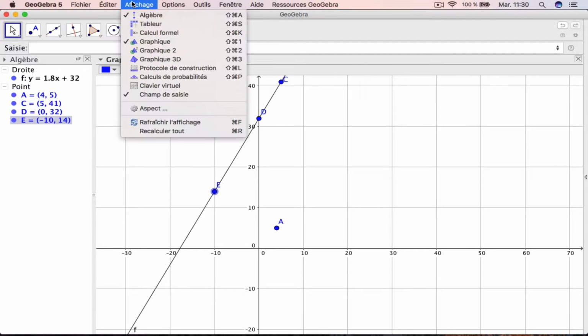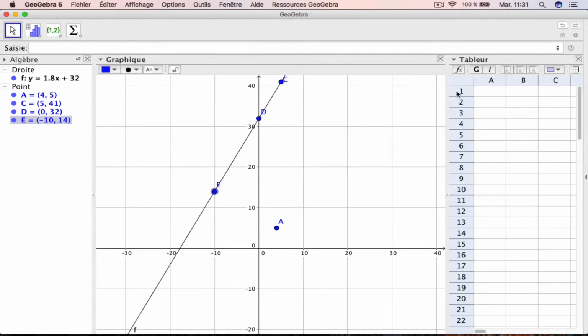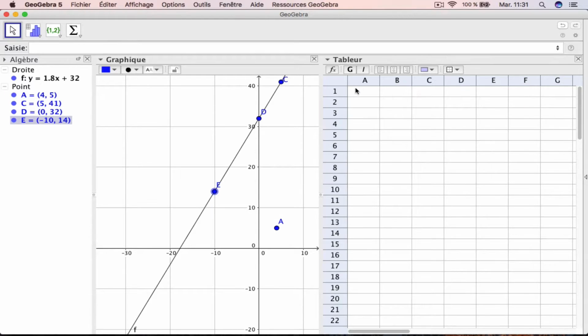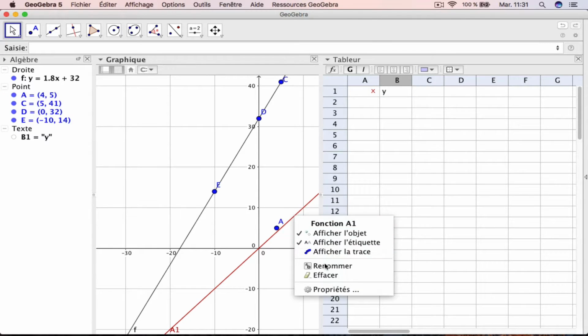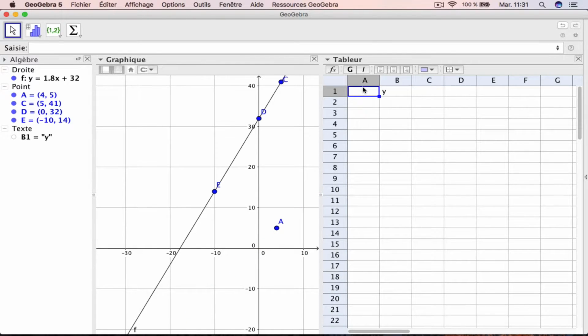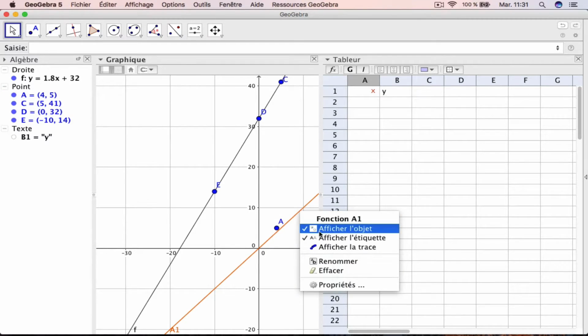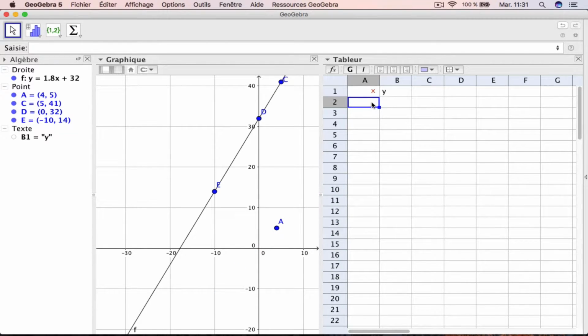Let's take a table. For example, here we've got x, and here we've got y. So here, let's assume we start with minus 30.